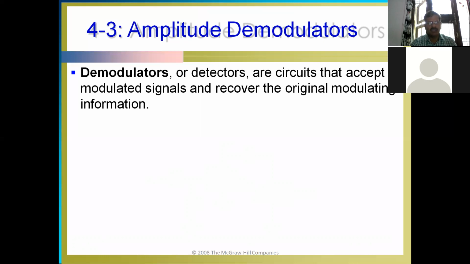That original signal will be data signal, video signal, or audio signal. Okay, so that is the function of demodulators.